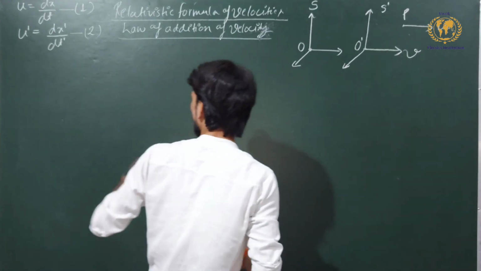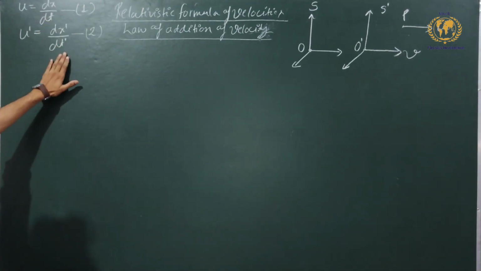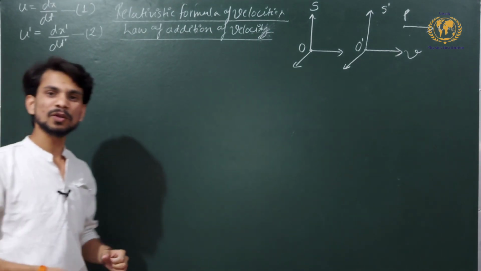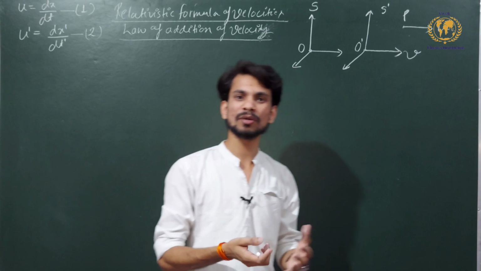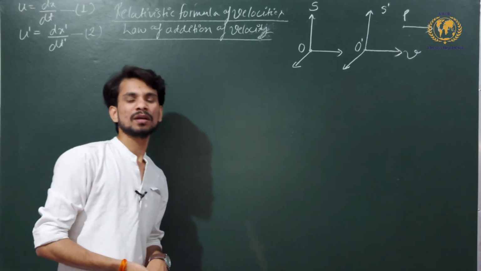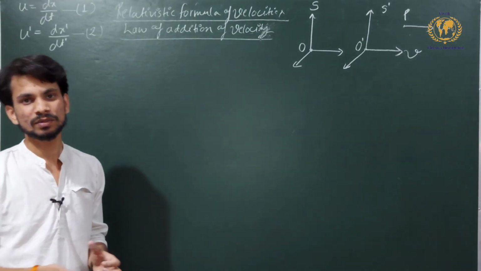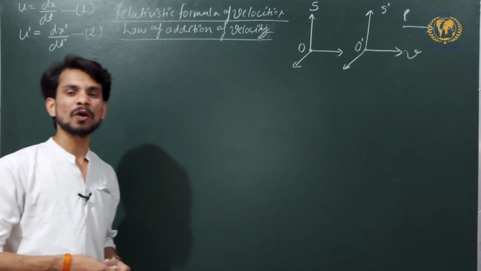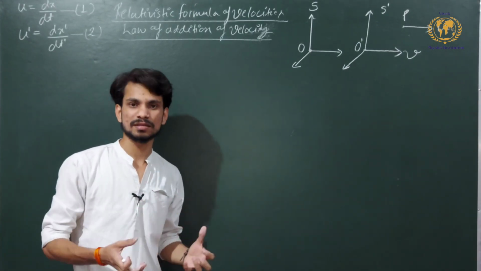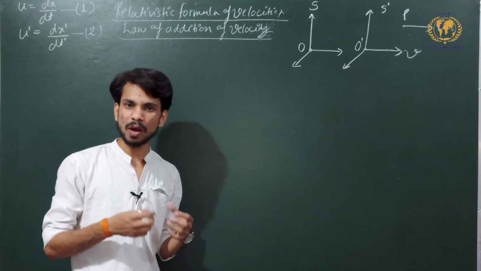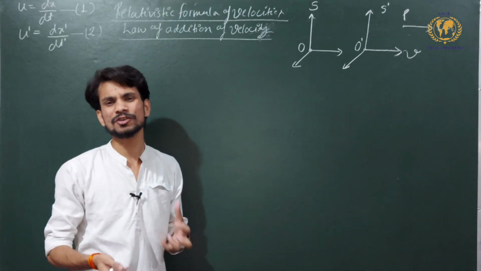Now, in order to find the values of dx dash and dt dash, I will use the results of the special theory of relativity which come from the Lorentz transformation. As is well known, distance and time are non-invariant under the Lorentz transformation.